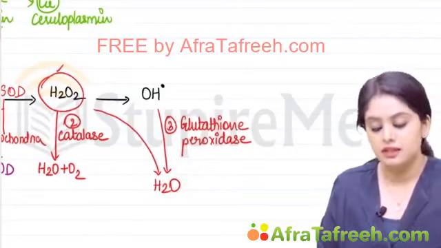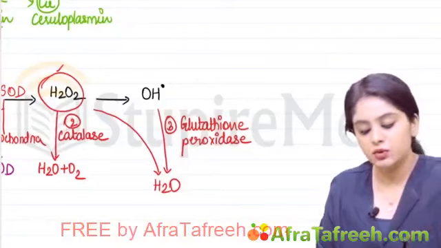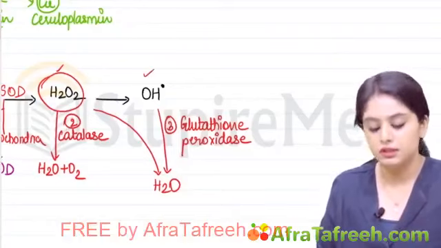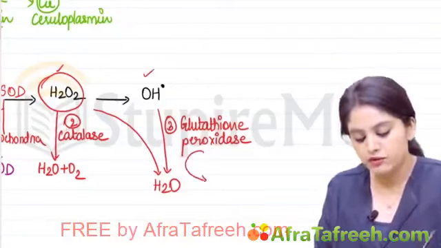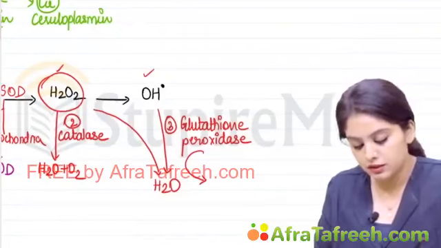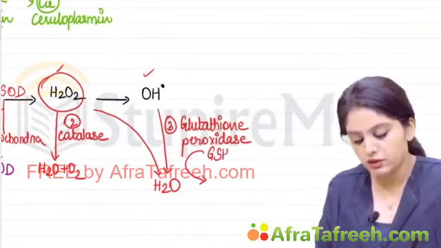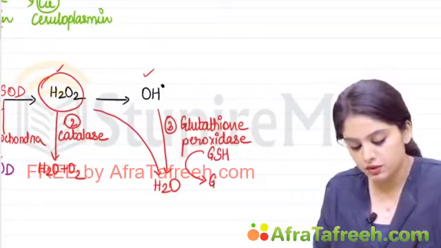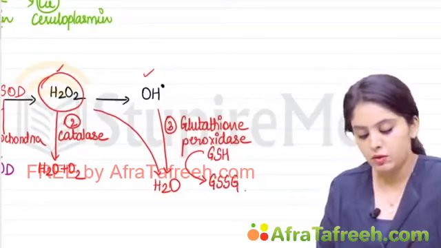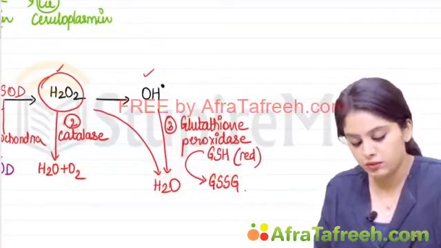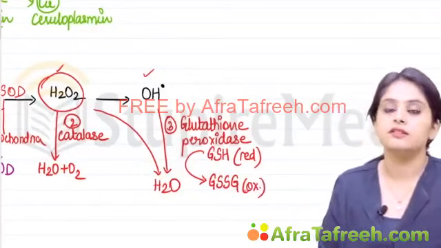How does it do that? While it is converting H2O2 and hydroxyl into water, the reduced form of glutathione will get converted into the oxidized form of glutathione. So from reduced to oxidized.